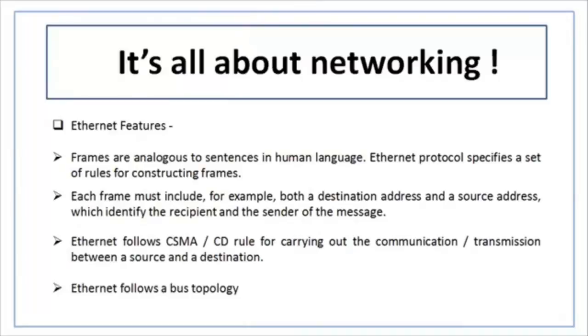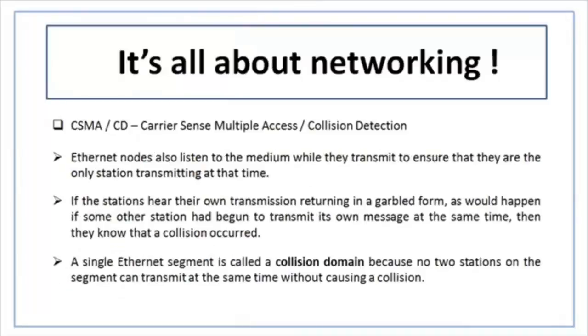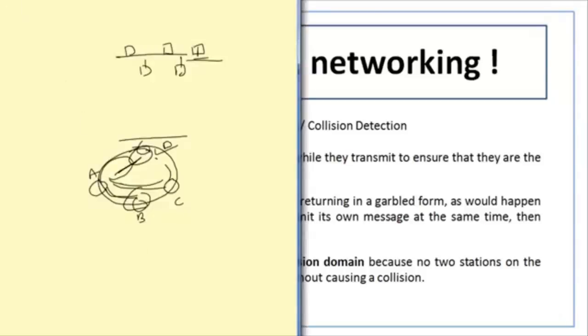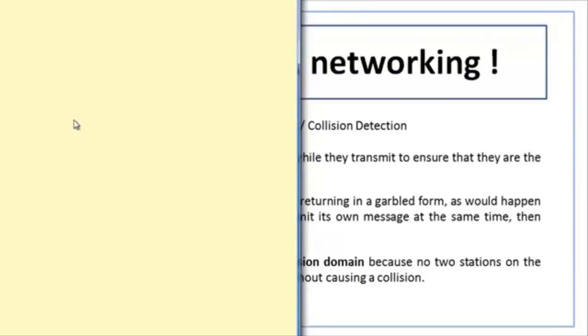Okay, so Ethernet follows something called CSMACD, that is carrier sense multiple access collision detection. So what is this principle? What is the importance of the CSMACD principle? For this, let me bring up the scratchpad once again and quickly show you something. Let's first understand it by an example.